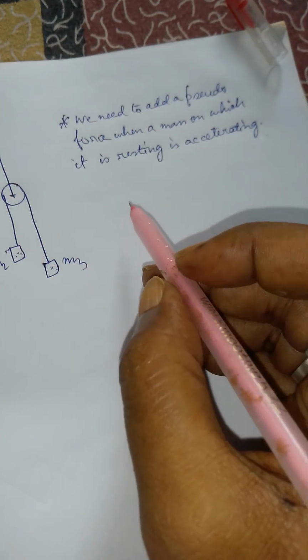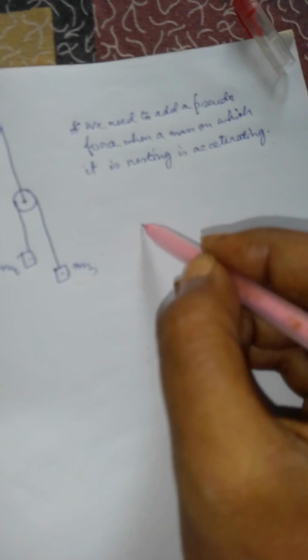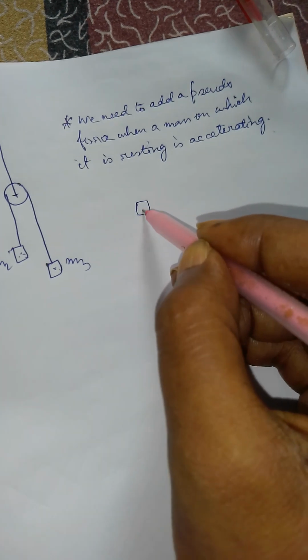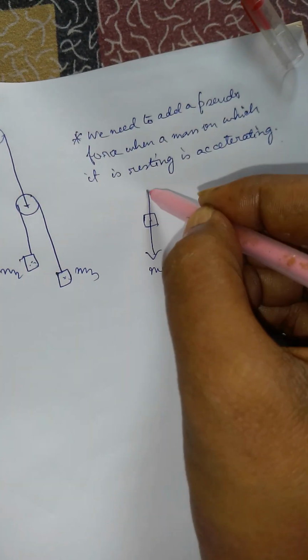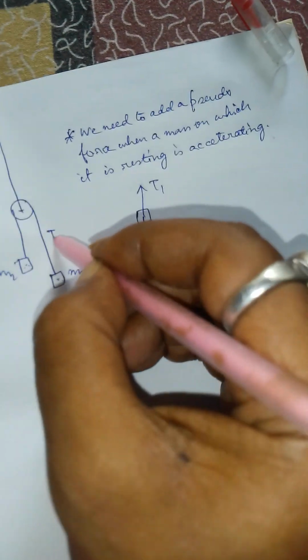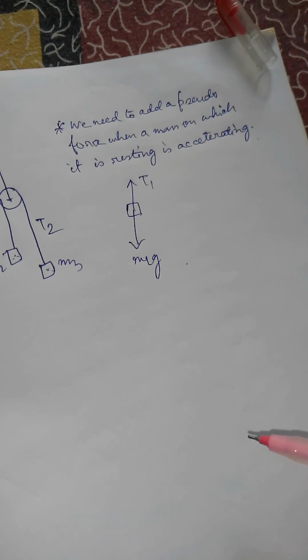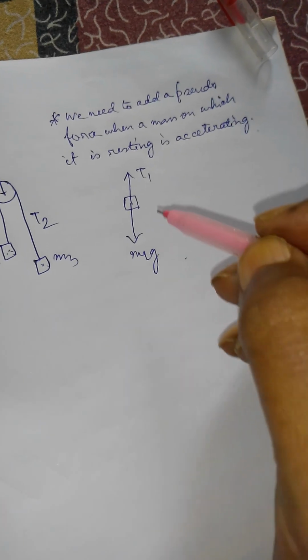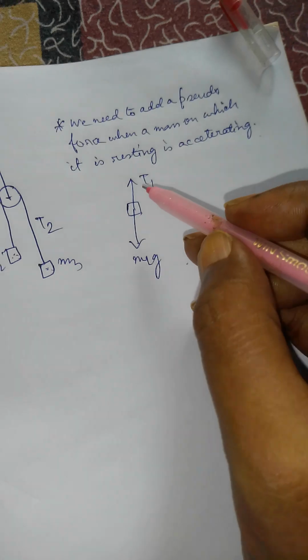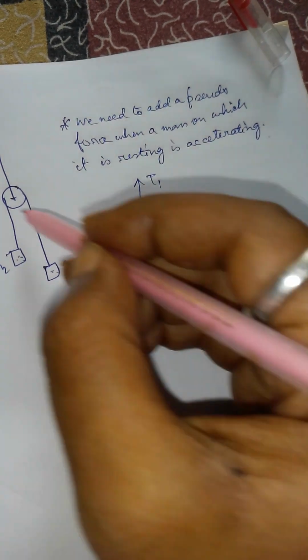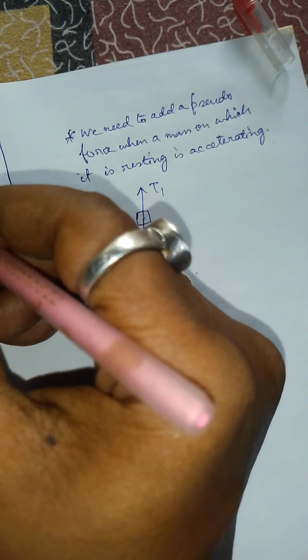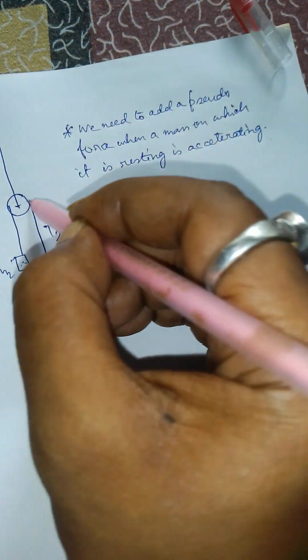Okay, so let us draw the free body diagram of M1. This is simply M1g, and this is T1. Okay, and this is T2. And I said already in the previous video that tension remains the same. Okay, so T1, M1g, and this is going upward with acceleration a1.